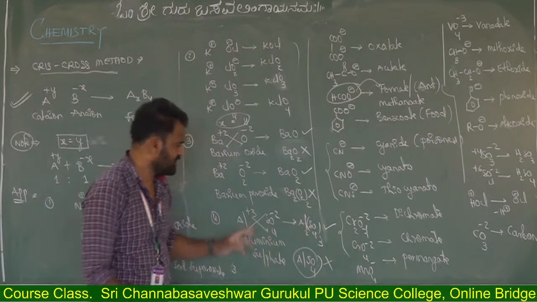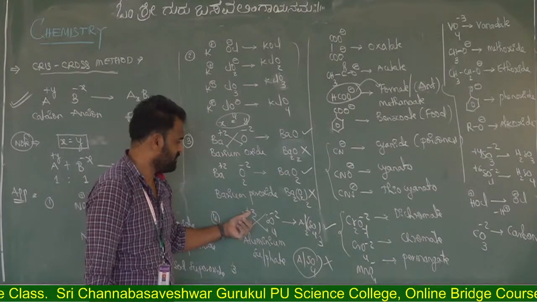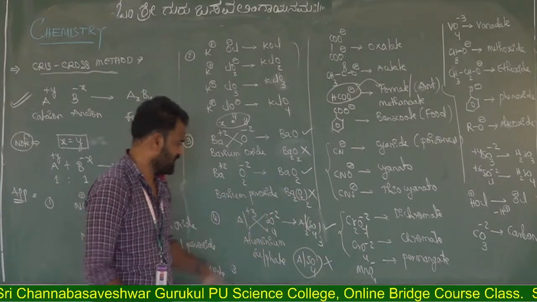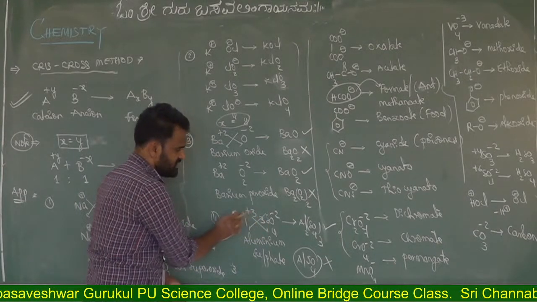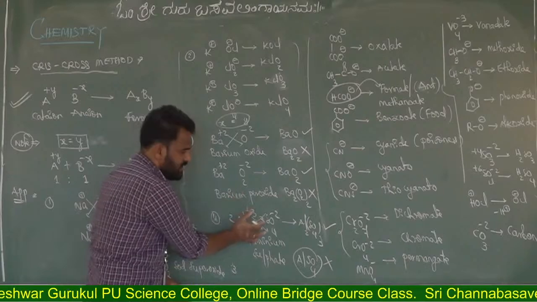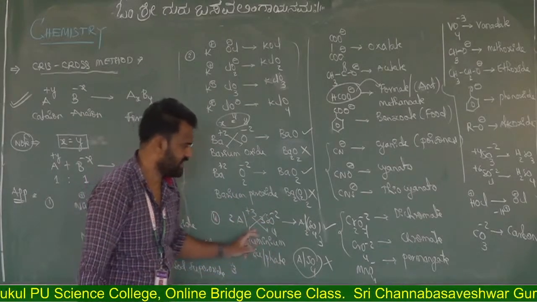Why? Because here you always have to maintain charge neutrality. Whatever the charge of the cation, it must be equal to the anion. Here I have 2 aluminiums and 3 sulfates. 2 into plus 3 is total plus 6 charge, and 3 into minus 2 is total minus 6. Plus 6 and minus 6 combined, then you get neutral.